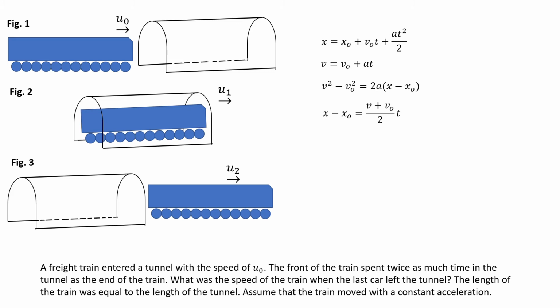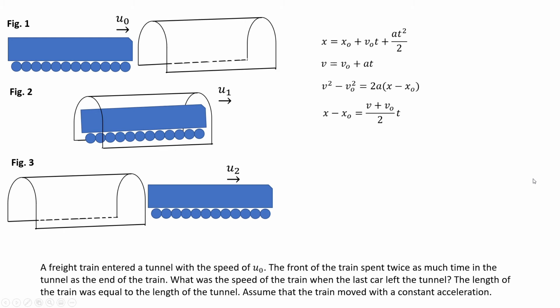Nobody gave it to us, and we're not interested in that. The fourth formula does not have acceleration, so it could be useful when we don't have acceleration. For this particular problem, we are interested in formula 2 and formula 4.